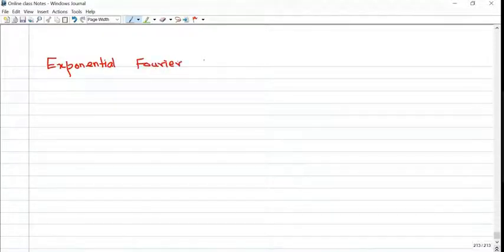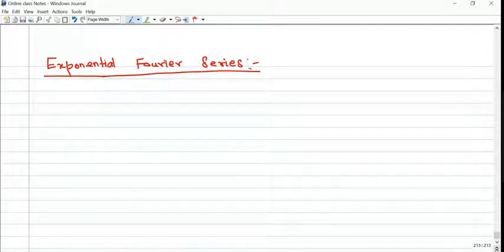Okay. So now we'll start the exponential Fourier series format. Exponential Fourier series. So this is another form of Fourier series.